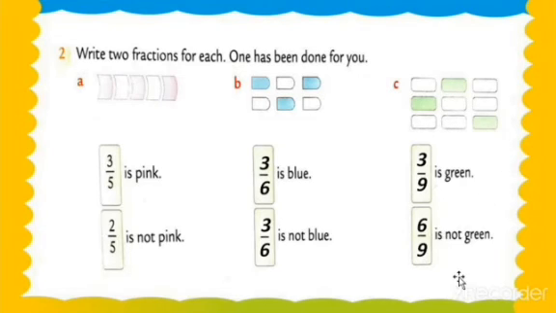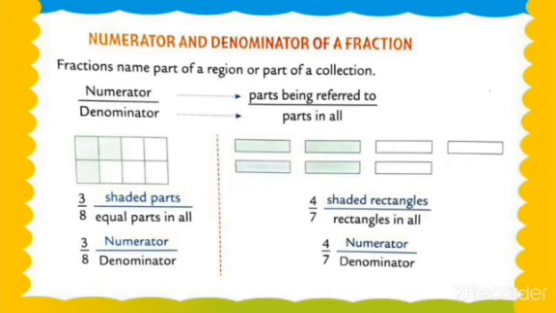There are 6 blocks that are not shaded by green color. So 3 upon 9 is green and 6 upon 9 is not green. Understood? I hope you all understood.